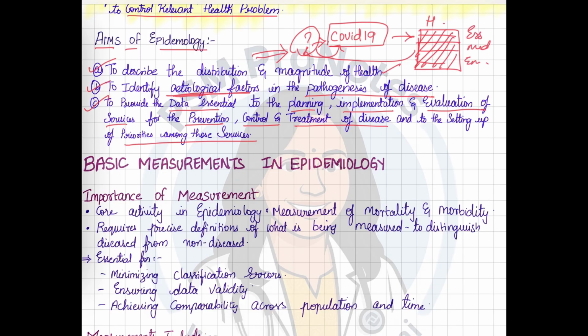So in planning, implementing and evaluating these services provided, by the progress of the disease in that area, and evaluation of services for prevention, control and treatment of the disease, and setting up priorities among these services. Based on the priorities we deliver them the healthcare. So these are the aims of epidemiology.